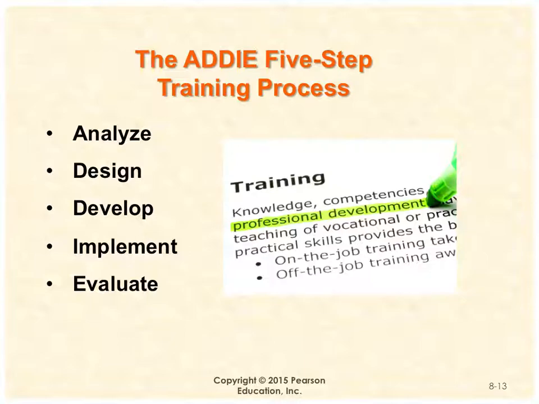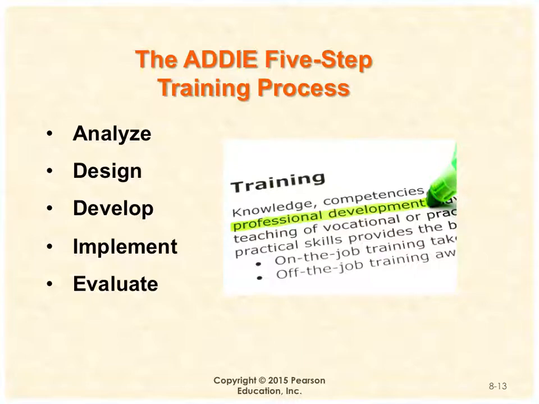The next one is to develop the training. This could be recording videos. This could be making new manuals. This could be anything of actually putting our idea into an actual program, that way we can train people.